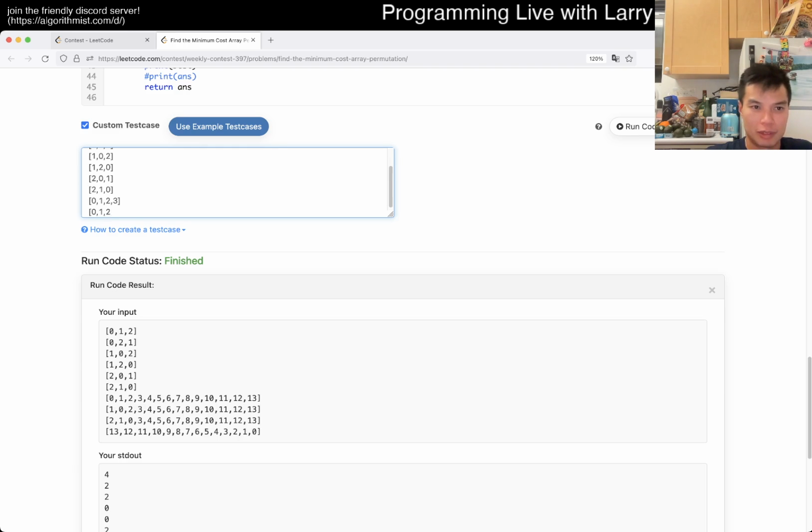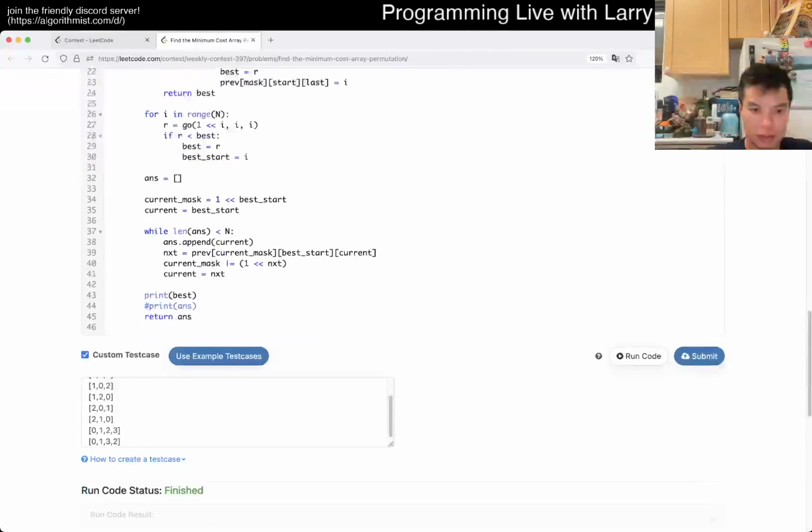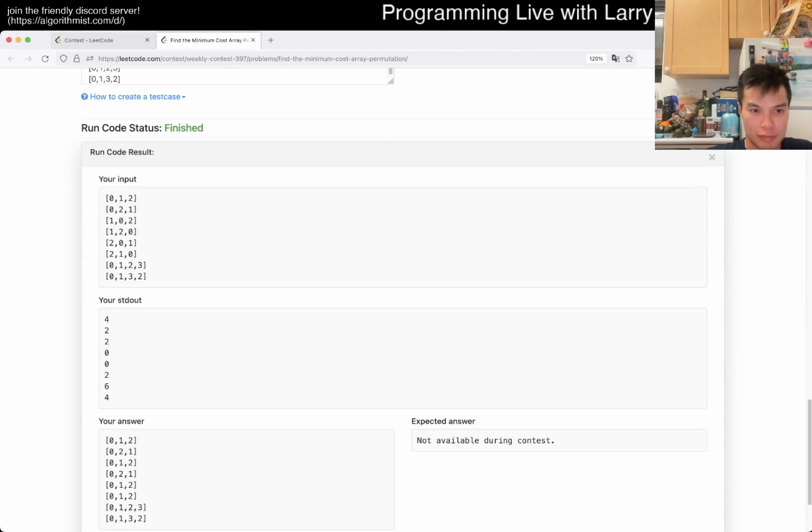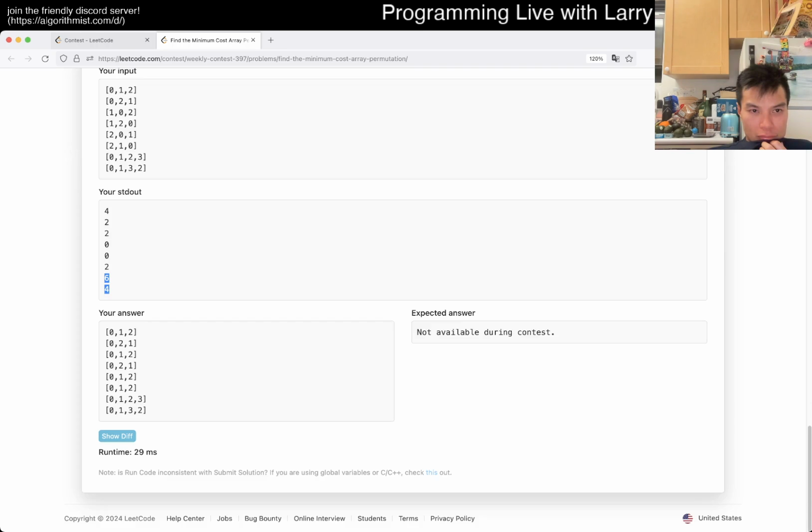I don't know if I'm doing anything useful. Why is this 6? Because of 3 minus 0, maybe? Well, 3 minus 0, and then 0 minus 1, 1 minus 2, I think.